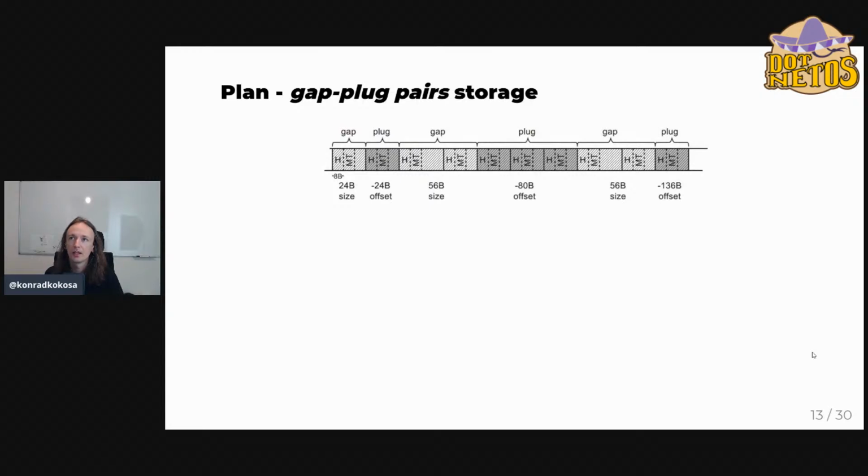So in the end, we have this information for our, let's say, generation 0. For every gap and plug pair, we have this information. What is the size of the gap? What is the reallocation offset? Now, another question: where do we store information about the size of the gap and the reallocation offset?